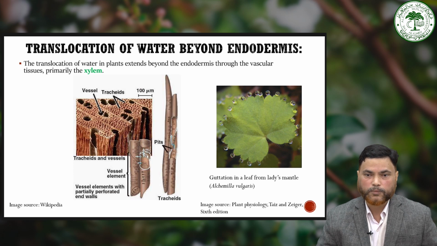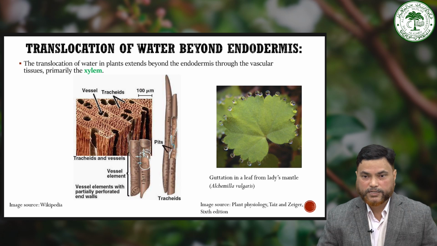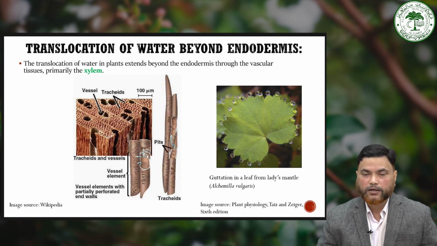Now, plants develop root pressure frequently and produce liquid droplets on the edges of their leaves, and you might have observed this phenomenon on certain plants like the leaves of Alchemilla.